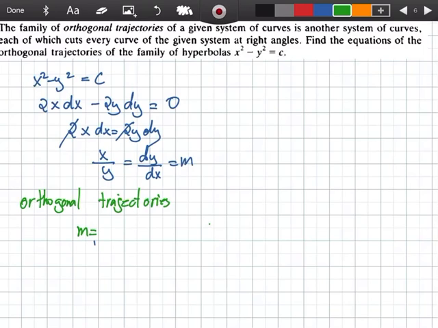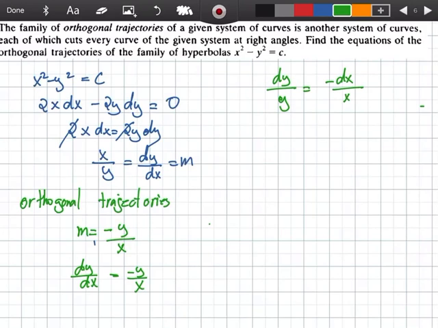So, if the slope of hyperbola is x over y, the negative reciprocal is negative y over x. So, ang dy/dx ay negative y over x. That means, paano natin ito isusulat? dy over y is equal to negative dx over x.